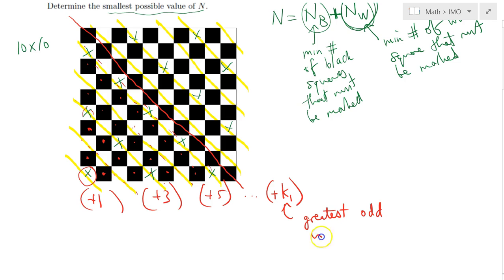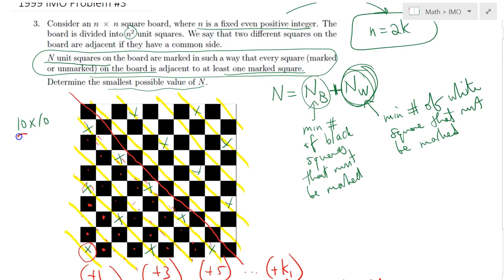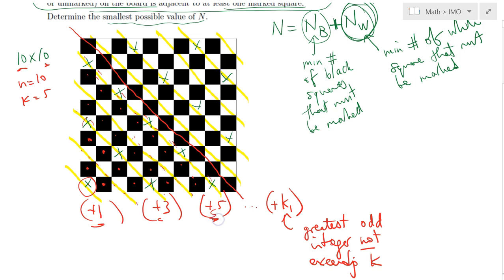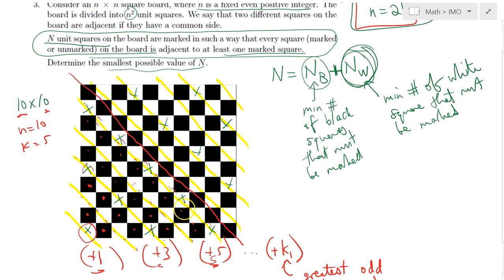Obviously it is odd because my series is of odd integers. In our particular example, I have a 10 by 10 board where n is equal to 10 and k is equal to 5. Remember how I defined k. So obviously I stopped at 5. But then I continue. I'm not done yet.